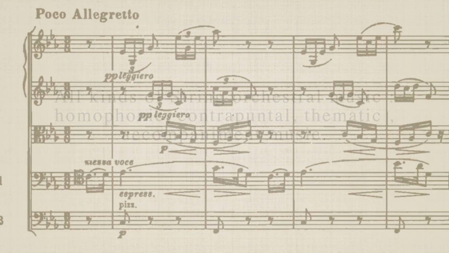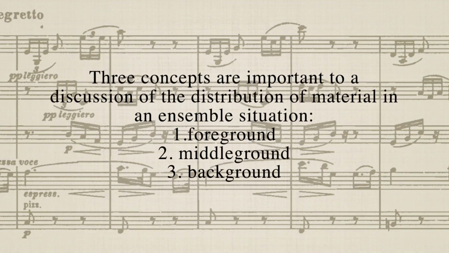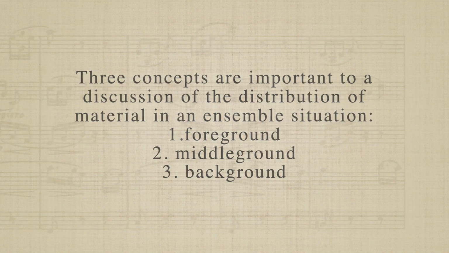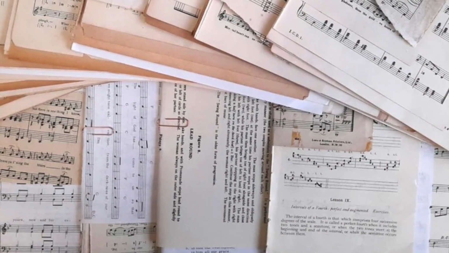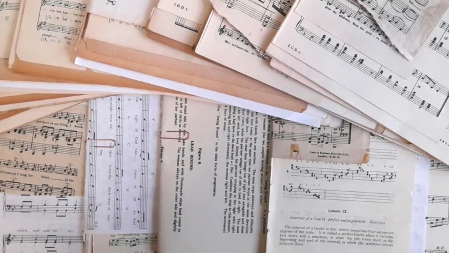Three concepts are important to discuss: foreground, middle ground, and background. A composer's skill can be measured by the way he orchestrates these three elements in his music.